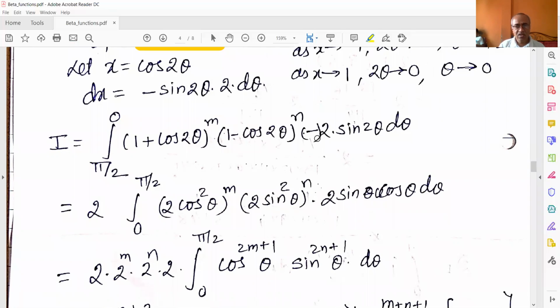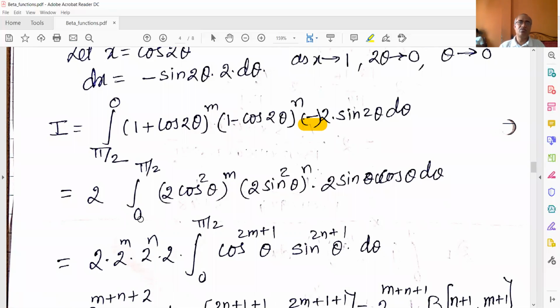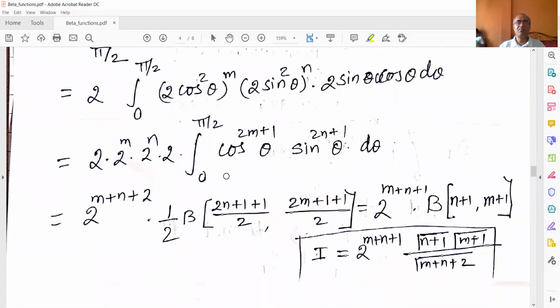Here this minus sign will change the limits. Initially the limits were pi by 2 to 0. That will change the limit to 0 to pi by 2, and with these substitutions, whatever I have explained earlier, it simplifies as cos raised to 2m plus 1 theta and sin raised to 2n plus 1 theta.